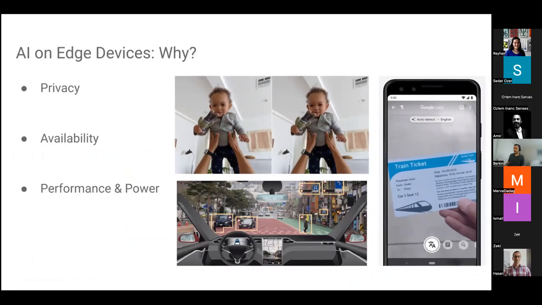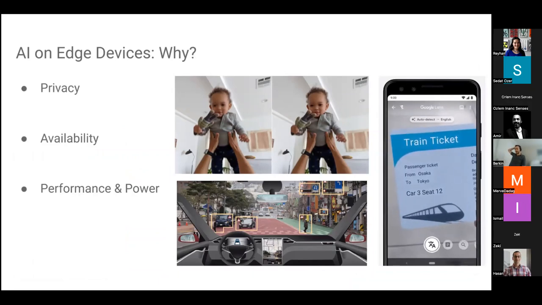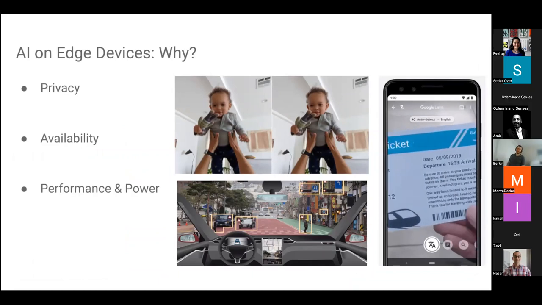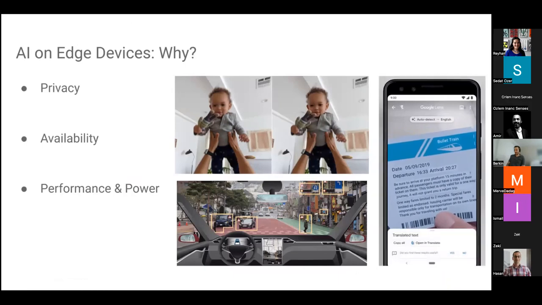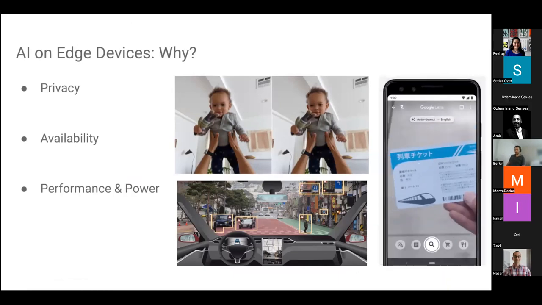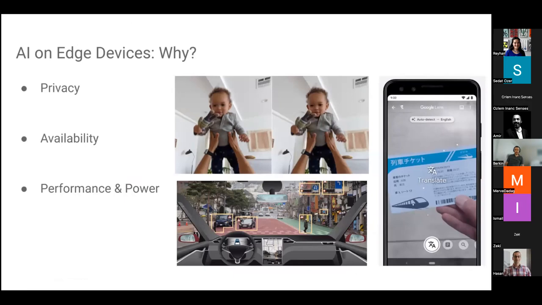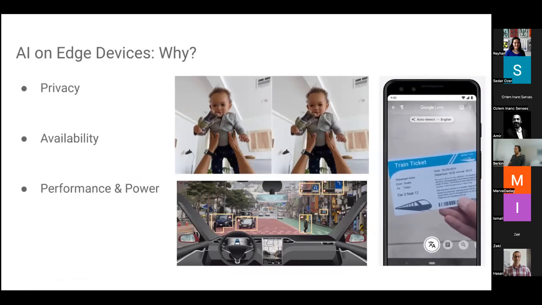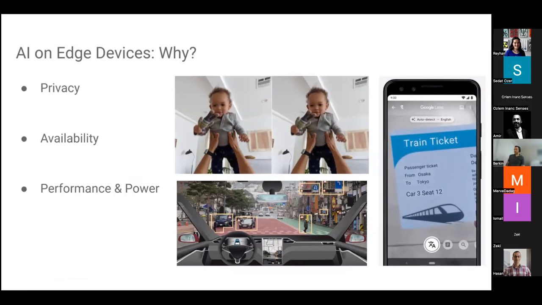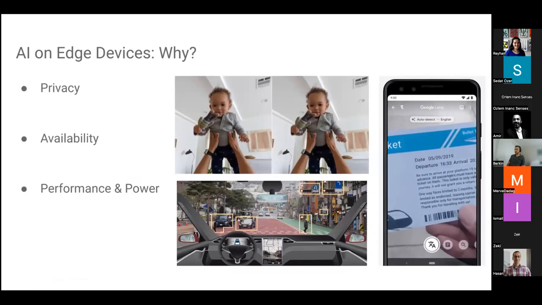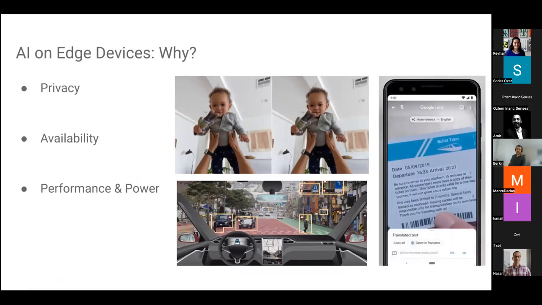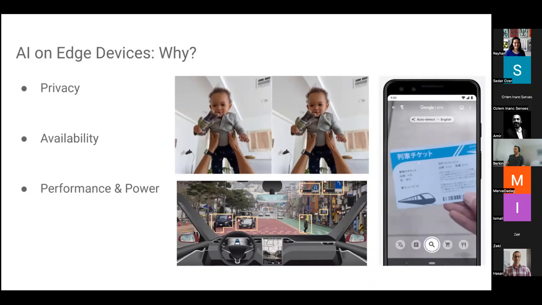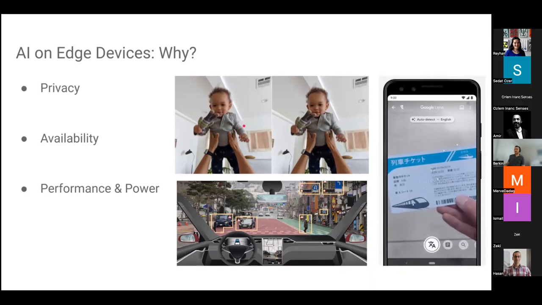But the question is, why do we have to run them on the edge device? You could collect this data, send it over to the cloud or the data center, run it there, and collect the results back. That could be possible for some use cases, but for some of them it's not ideal. Imagine you may want to have your privacy.